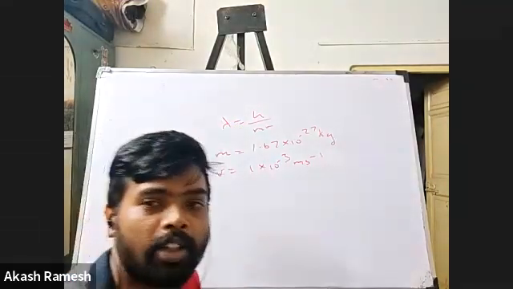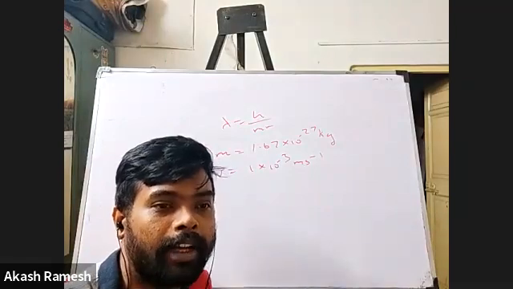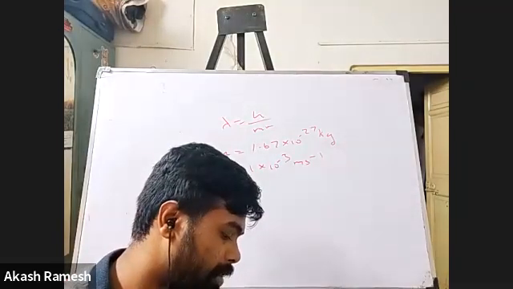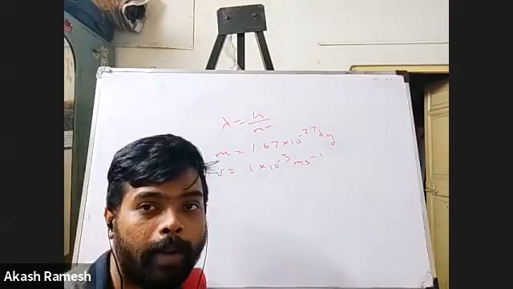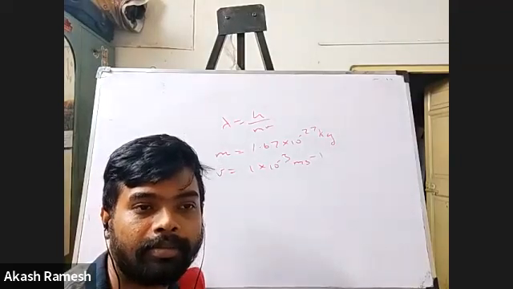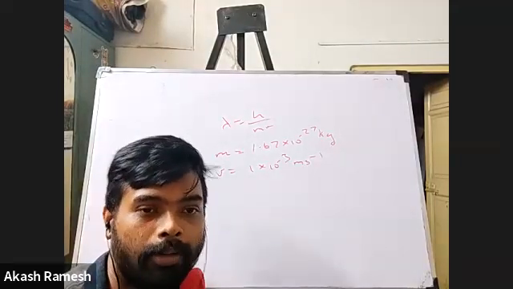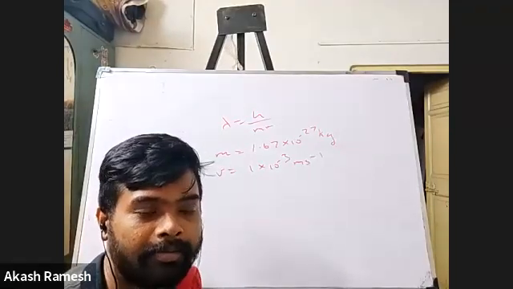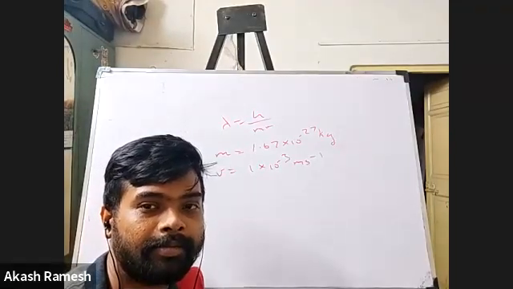We know the h value, and the m and v values. Lambda, you have to find the wavelength. That's what they're asking: find the wavelength associated with the proton having so much mass and so much velocity. Lambda you have to find. Understood?